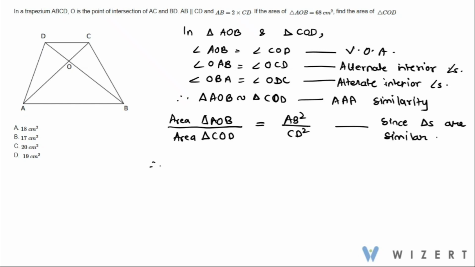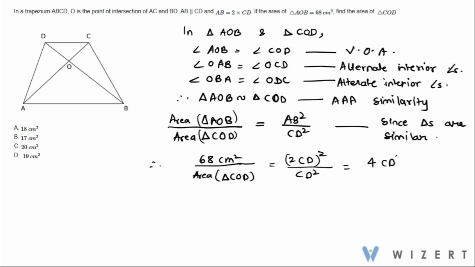Therefore, we are given area of triangle AOB to be 68 centimeters square. We have to find area of triangle COD. We also are given AB is equal to twice CD. So twice of CD whole square divided by CD square, which is equal to 4 CD square divided by CD square.